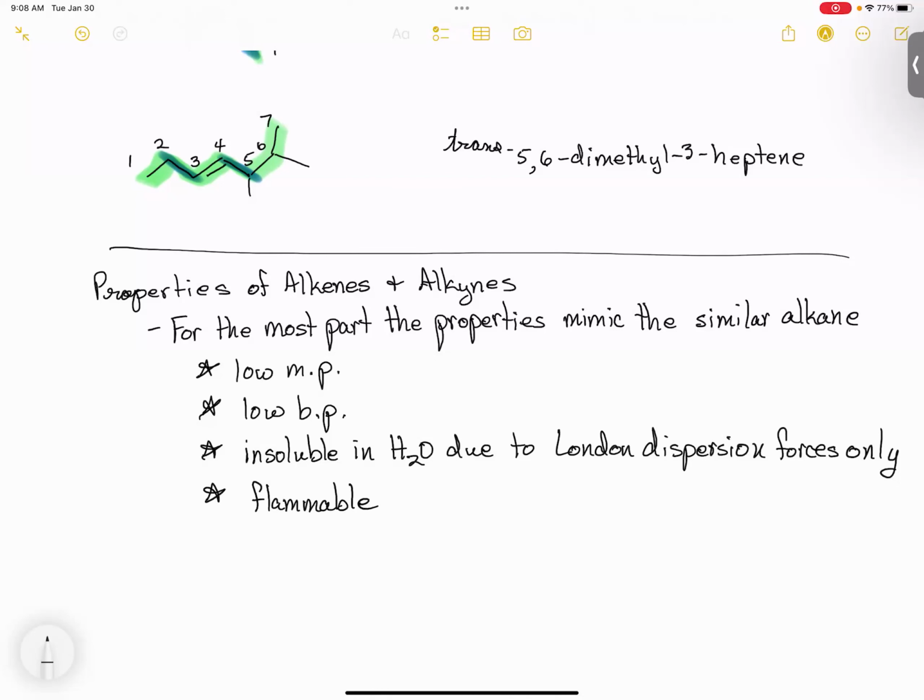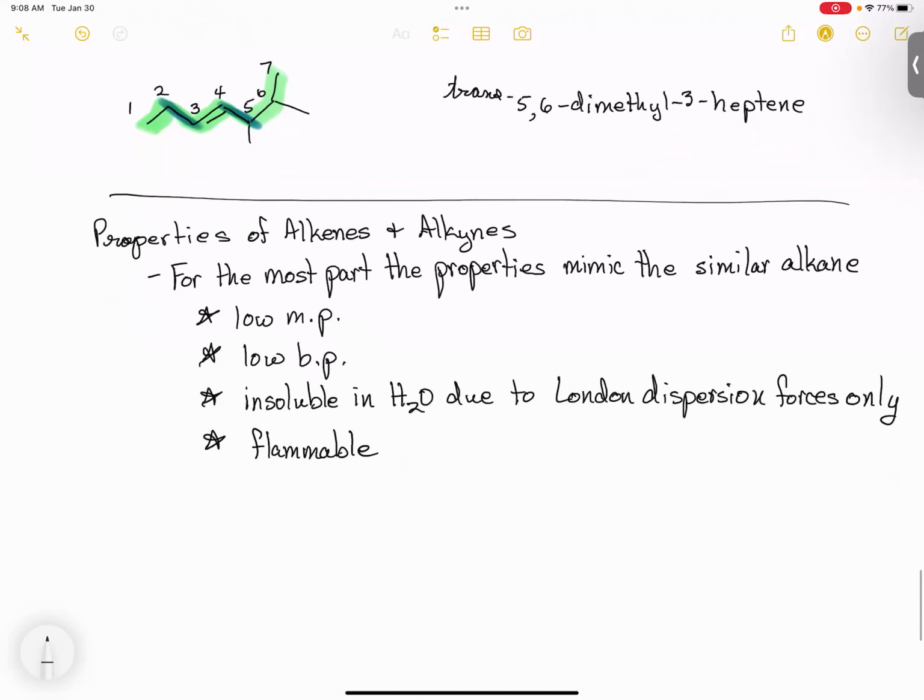So what is the difference? The difference is due to cis-trans isomerization.